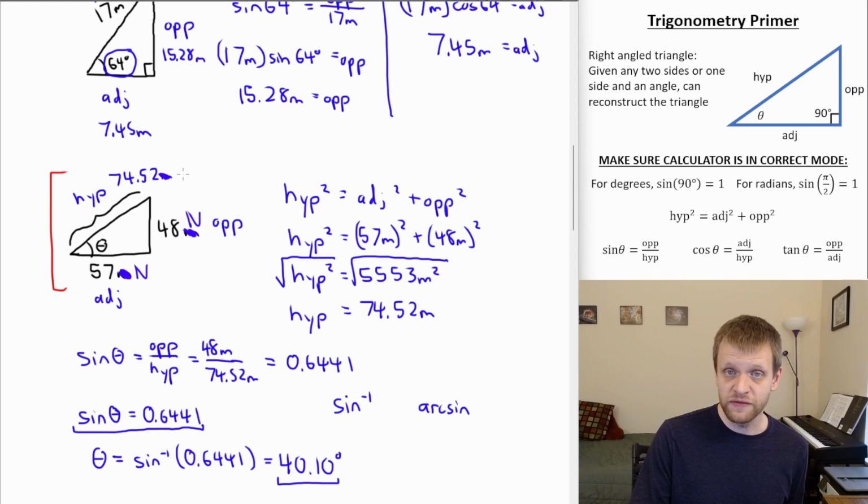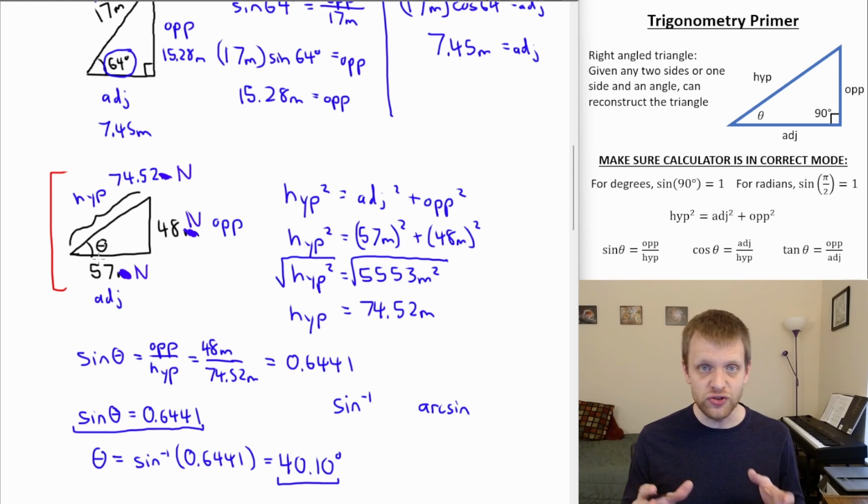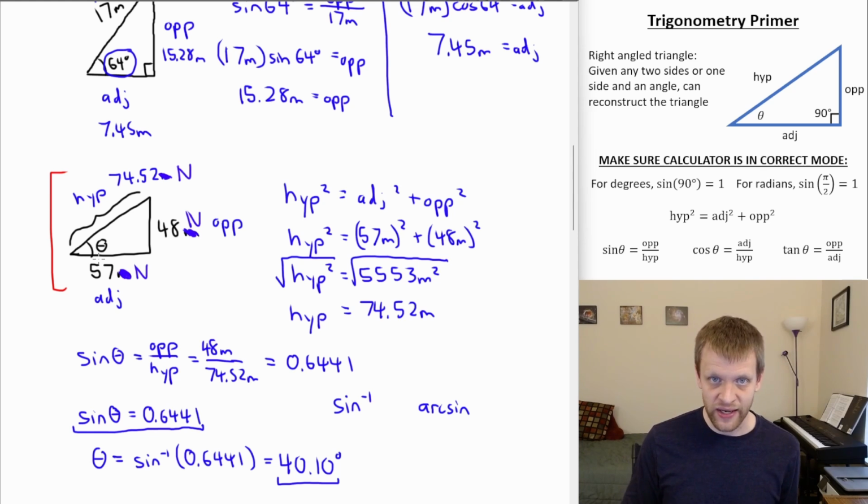Well, the magnitude of that force vector overall would be 74.52 newtons pushing in a direction of 40.1 degrees above the x-axis. We can use these tools in exactly the same way, and that shows up a lot in not only intro physics courses, but any kind of question where you're dealing with vector quantities.